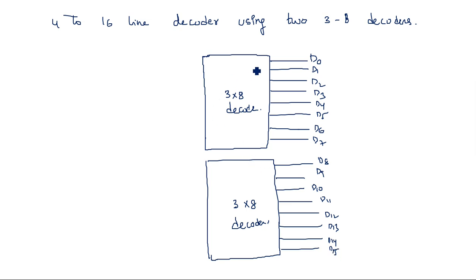The first 8 outputs come from the first decoder, and the remaining 8 outputs come from the second decoder.